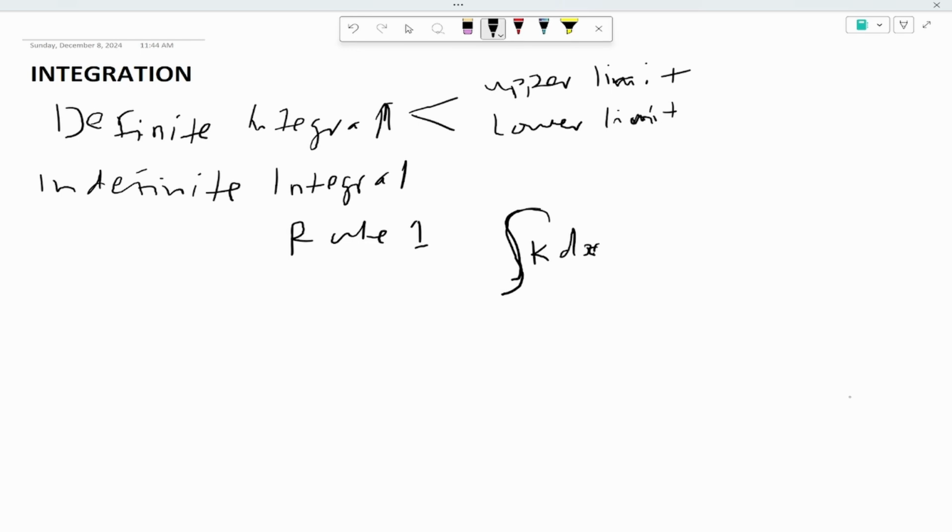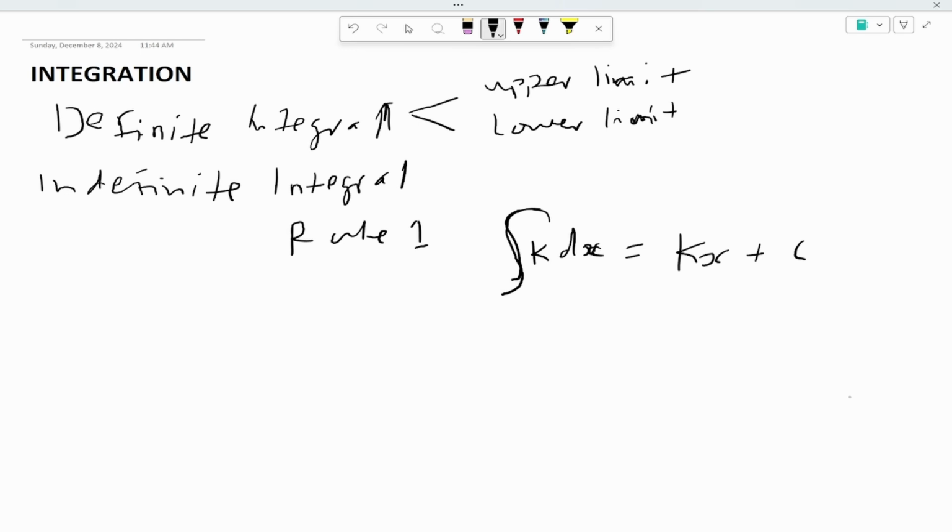If you are to integrate this function, what you are going to have is simple: the constant with an introduction of a variable, say x. Of course, this dx has already shown that the function is a function of x. So you introduce an x to it, which gives you kx plus a new constant. You understand?